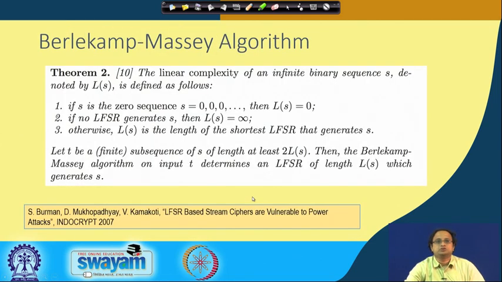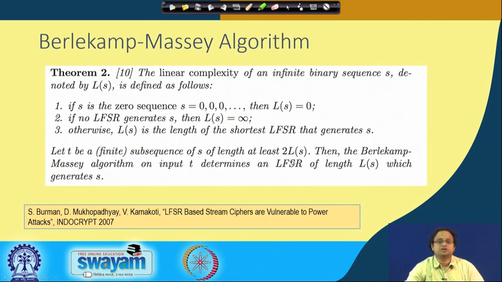So the idea is that if T is a finite subsequence of S of length at least 2 LS, then the Berlekamp-Massey algorithm, on input of this subsequence, can completely generate this LFSR of length LS, which can be used to generate S. That means you, as an attacker, just need exposure to 2 LS amount of data to completely reconstruct the LFSR.